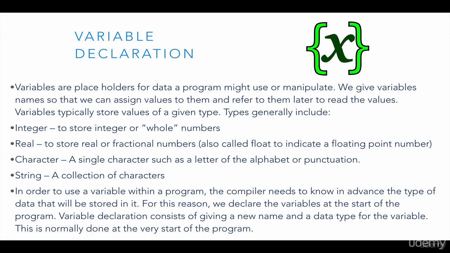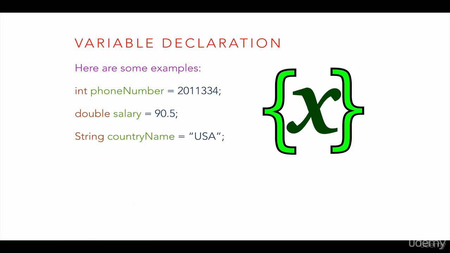Okay, so let's see some examples of actually declaring and assigning values to these variables. For example, imagine that I want to create a variable, an integer, okay? The data type is integer, and the name of my variable is phoneNumber. As you can see, the style of writing phoneNumber, the name of my variable, is called camel case style.